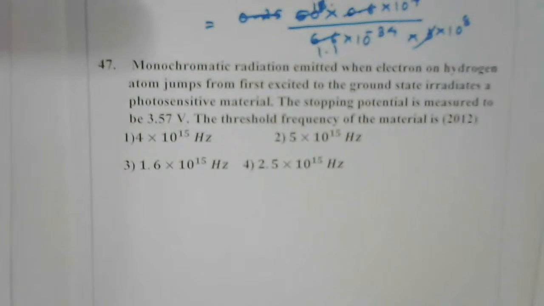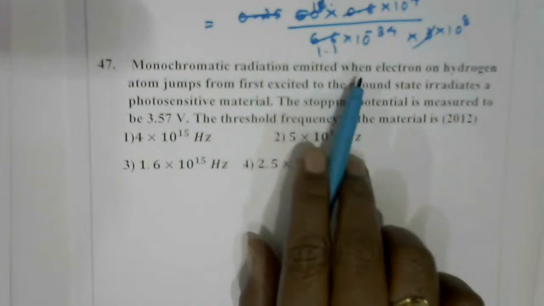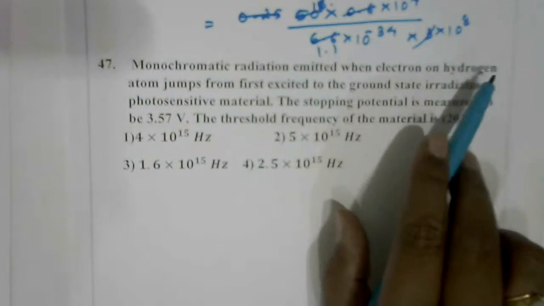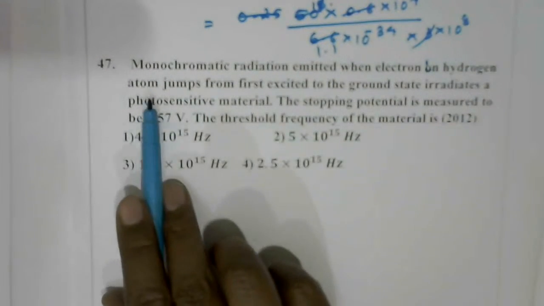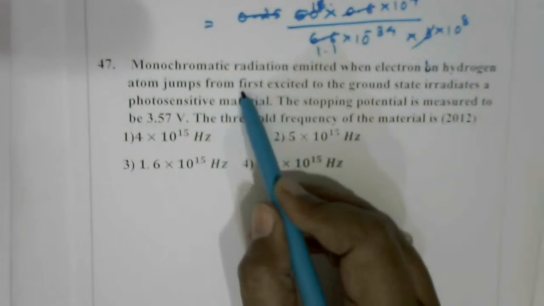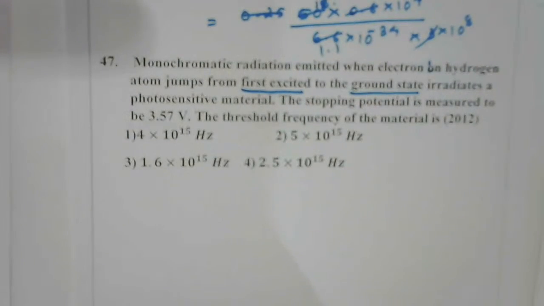Sachin, first excited state means what? Again, monochromatic radiation emitted where electron, in hydrogen atom, jumps from first excited state to ground state. Then ground state is what? n equal to 1. Someone is answering, correct. Not second excited state.